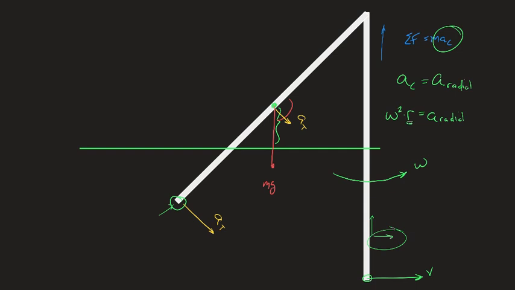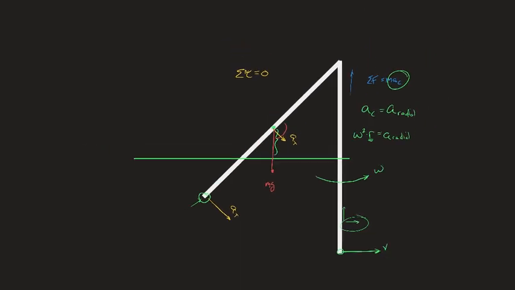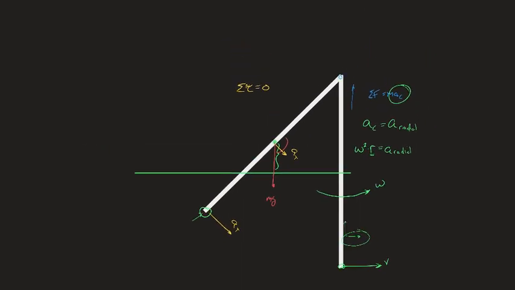The issue is that when this object becomes vertical, at that instant, the net torque is 0. Because the two forces acting on the object don't cause a torque. We have two forces. There's a force here acting upwards on the pivot point.